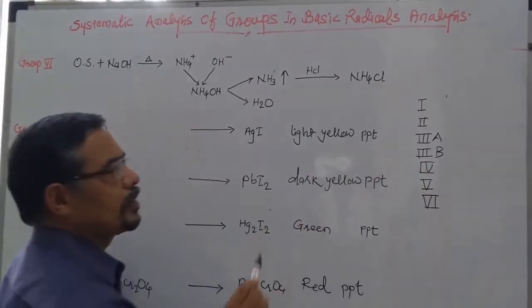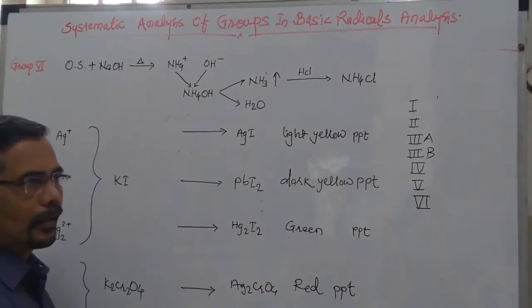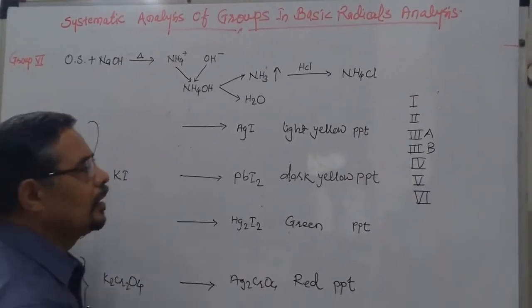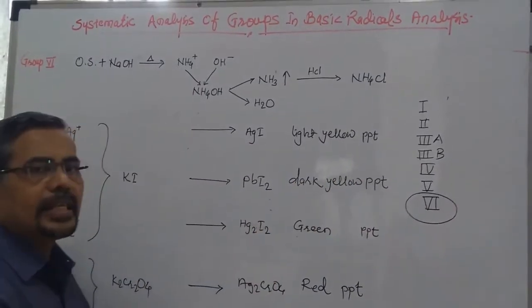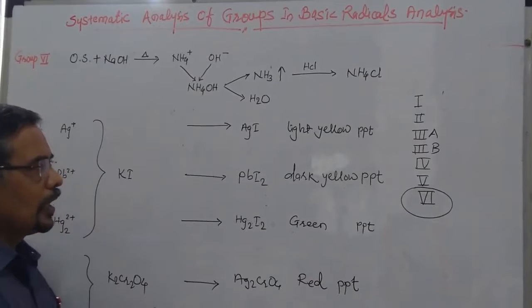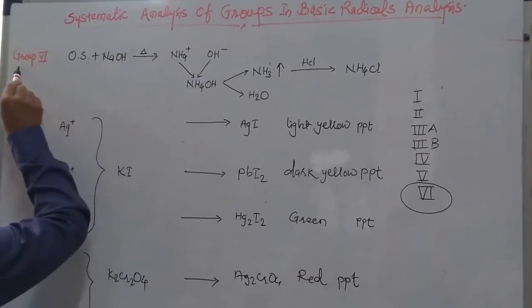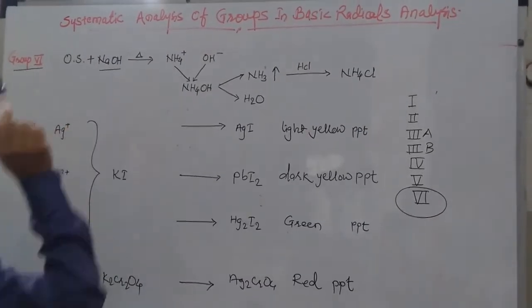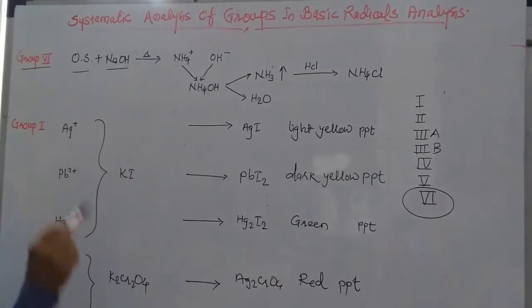For the systematic analysis of basic radicals, the simple way is to analyze first the group 6. For the analysis of group 6, we will use the reagent NaOH solution.